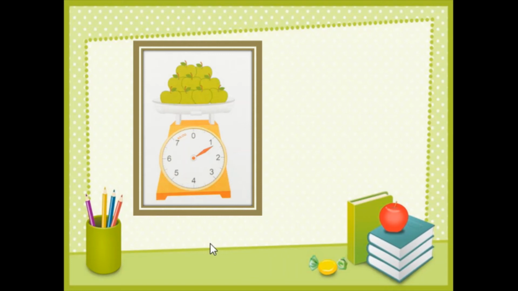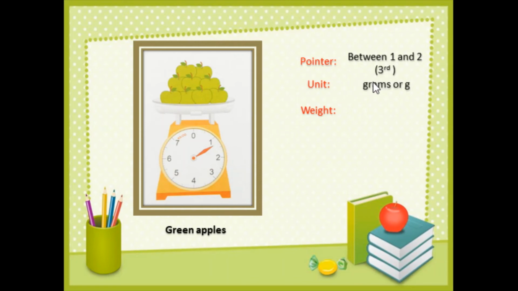Next. Let's weigh again another green apples. Write pointer, unit, and weight. Where does our pointer point? It points between 1 and 2. On what division? On the third division. So our unit would be grams.